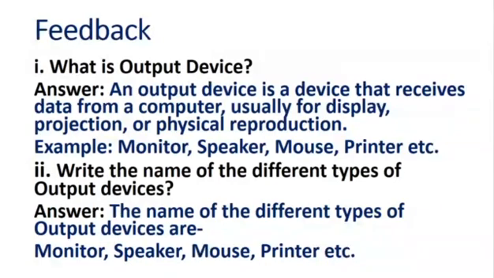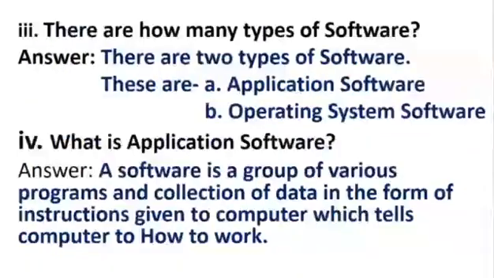For example, monitor, speaker, mouse, printer, etc. Second question, write the name of the different types of output devices. The names of the different types of output devices are monitor, speaker, mouse, printer, etc.